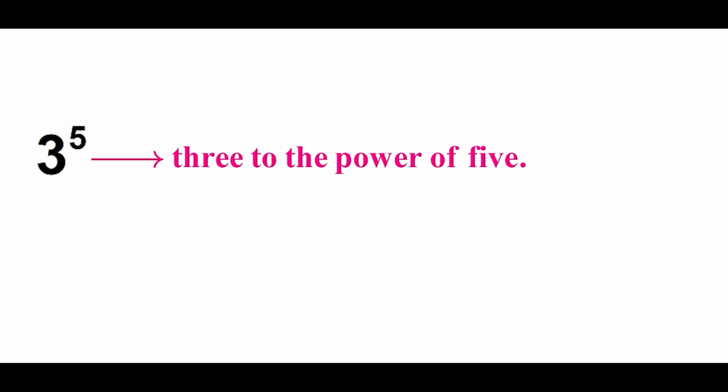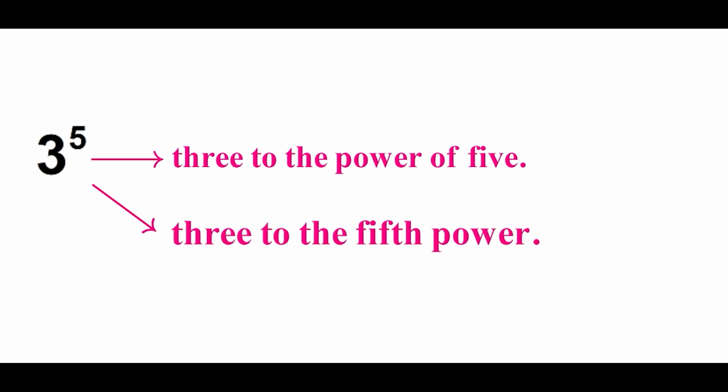Now let's move on to exponents. For example, in this example, the small value is called the exponent. We read 3 to the power of 5, or we can say 3 to the 5th power, 8 to the power of 6, or 8 to the 6th power.